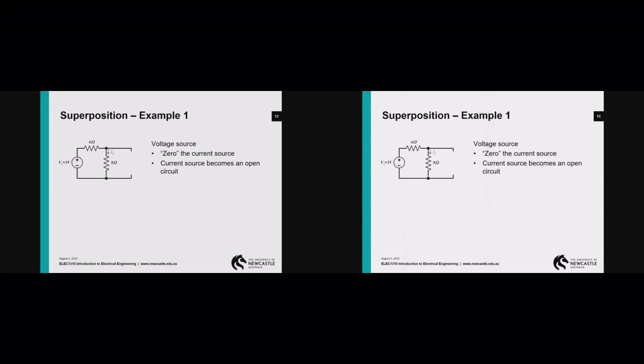So when I'm assessing the impact of the voltage source, all I need to do is solve that circuit. And if you look at that, you can start to see why superposition might be a good thing, because that circuit looks hopefully relatively simple. You've just got a voltage and 2 resistors in series.